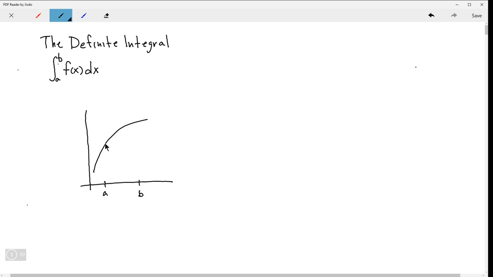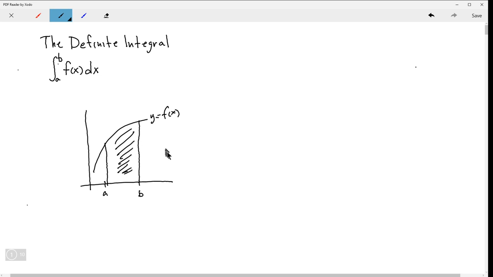Let's pretend that hits A, and that it actually does hit B. Then we're looking at the area under here, which is defined by straight sides, but the top is defined by a function. If this was linear, I'd have a rectangle or a trapezoid and I'd have a geometric formula, but I don't.